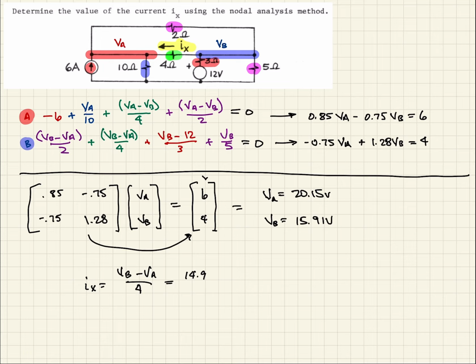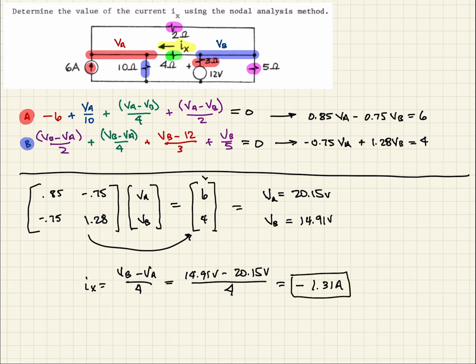Oh, sorry, I miswrote this. This is 14.91 volts. So 14.91 volts minus 20.15 volts divided by 4. And we should be able to see then that this is going to be negative, so it's a negative 1.31 amps.